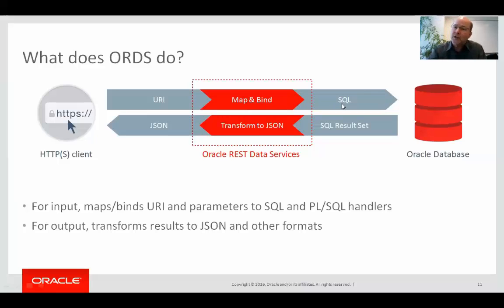And then that invokes a handler, which in the case of the Oracle database is SQL or PL/SQL, that then goes to the database, gets processed, results are then returned, and ORDS transforms them into JSON typically, but we also support other formats like comma-separated value formats. Whatever the format is, say it's JSON, we then return the JSON to the client application. So it's pretty simple, really.